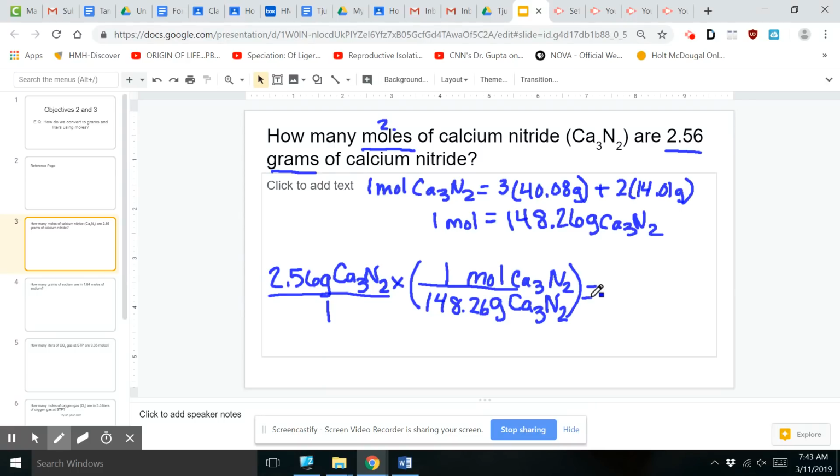I'm going to plug it into my calculator. 2.56 times 1 divided by 148.26. Moles tend to be a relatively small number, so don't be surprised if you have a small number. 0.0173. I rounded it. Moles.